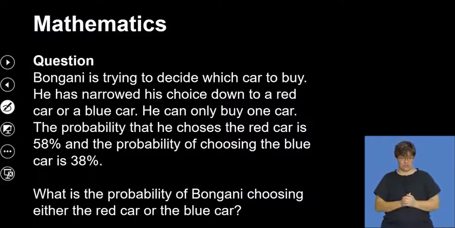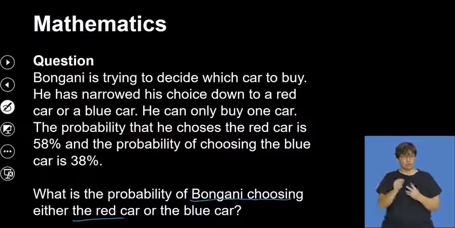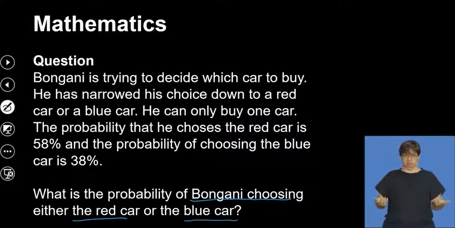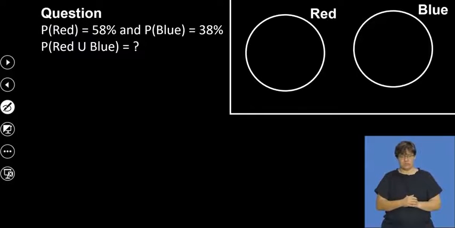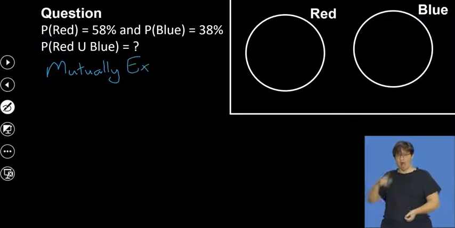So what is the probability of Bongani choosing either the red car or the blue car? Well, let's have a look. Now, recognize that the red car and the blue car are not overlapping. So these are mutually exclusive. You can't have a car that is red half of it and blue the other half.